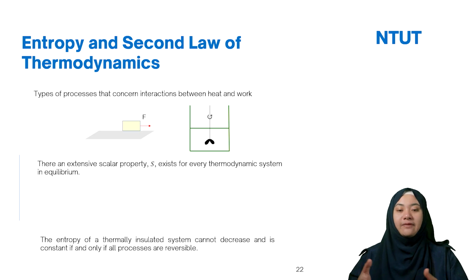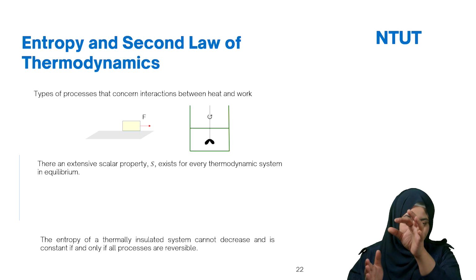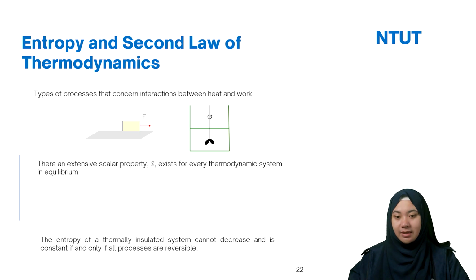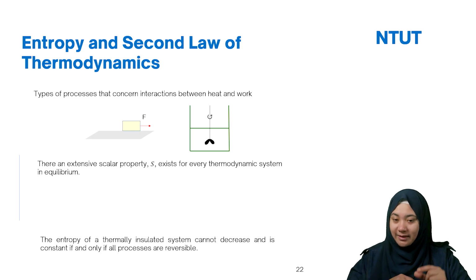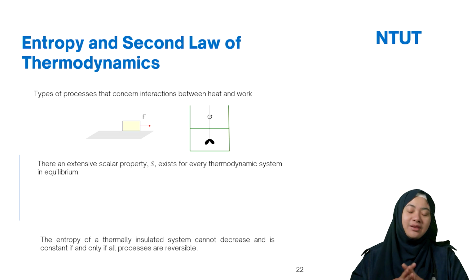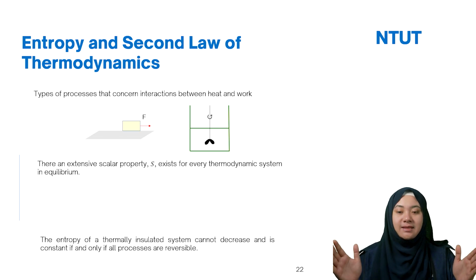But if it is irreversible, you will have S generation, so you cannot neglect it. You need to sketch, assume, and then state each of the equations that you want to use. Your assumption and your equation should be related. They should be consistent.